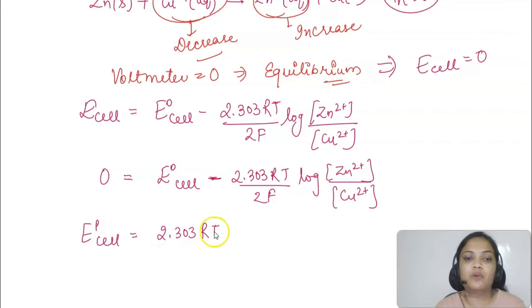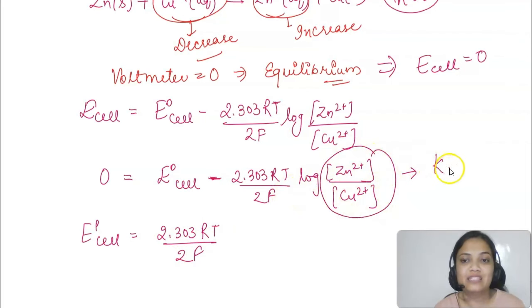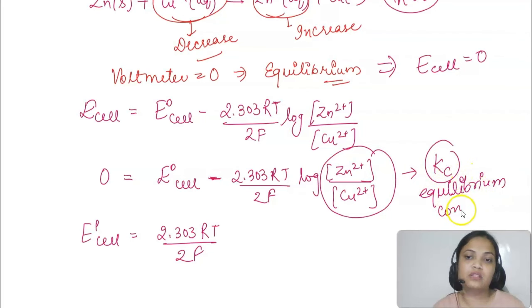Okay, now from here the value of E naught cell will come out to be 2.303 RT upon 2F times the log of this ratio. Now students, at equilibrium, this ratio will be the Kc, that is your equilibrium constant. So in the place of the log of zinc 2 plus upon copper 2 plus, I will write log Kc.